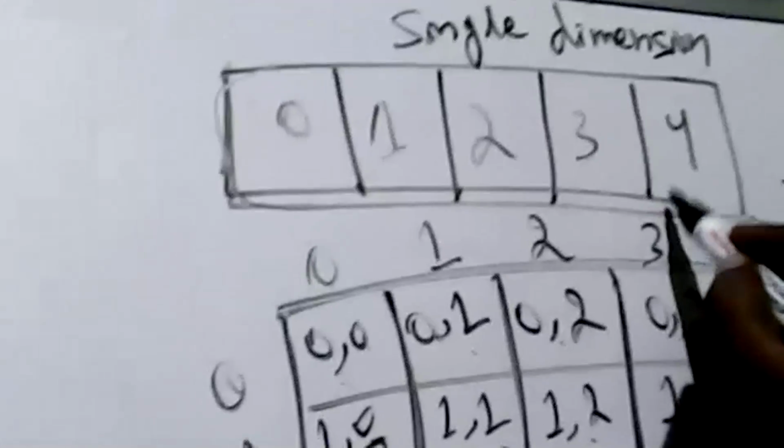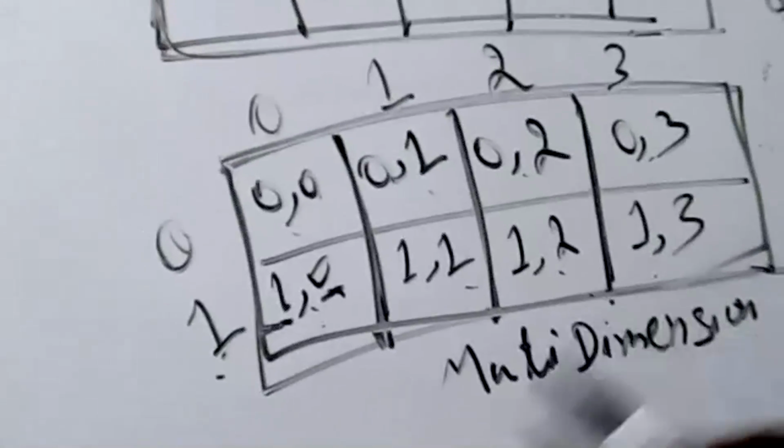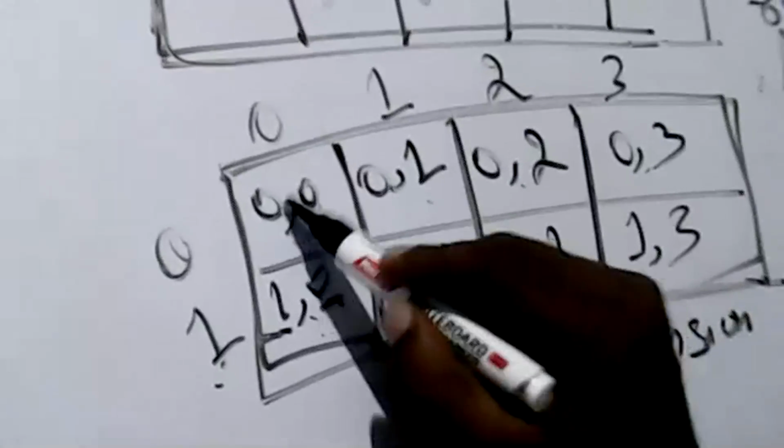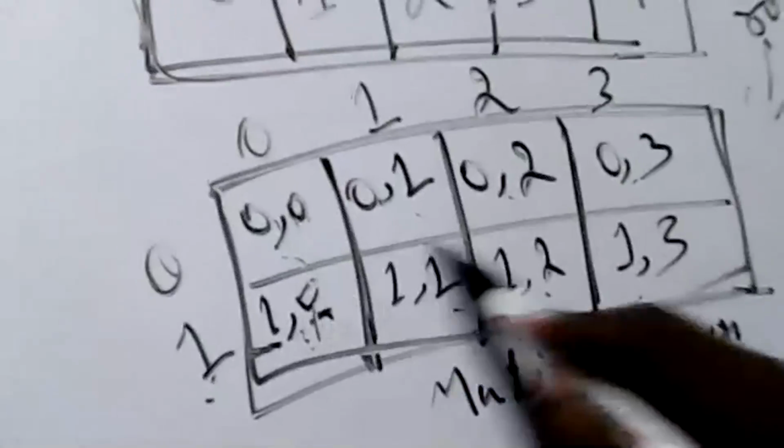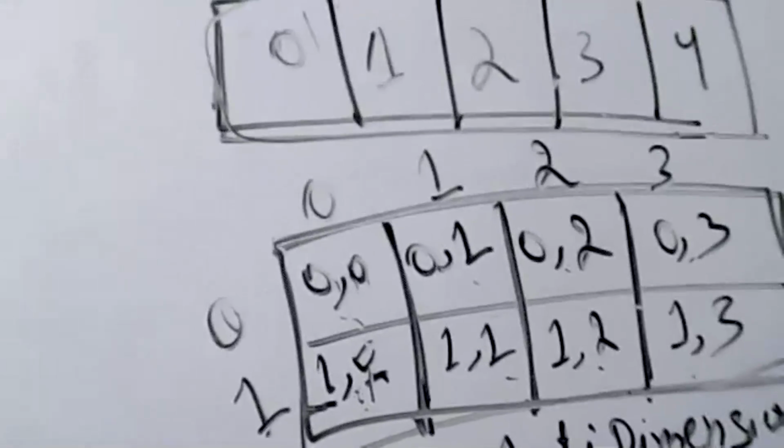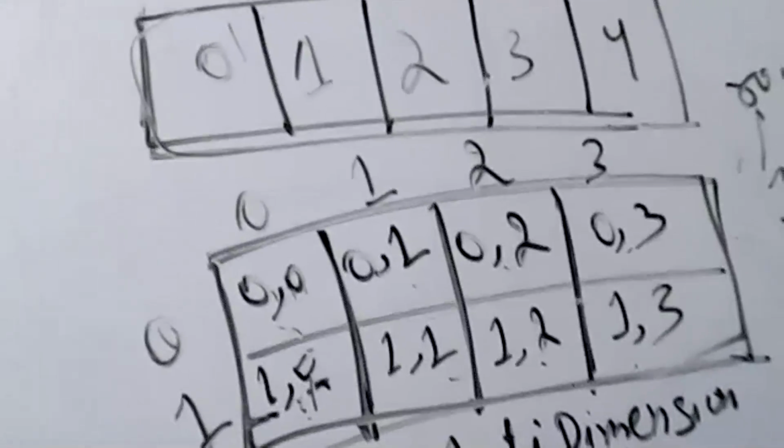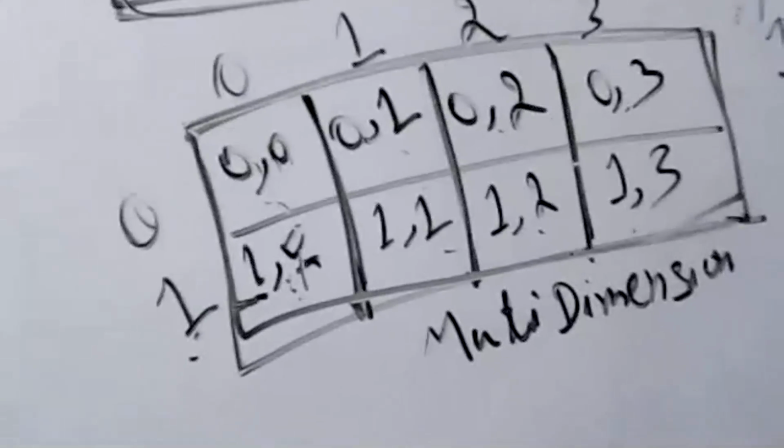In a single dimension array, elements are stored in a single row and multiple columns. In a multi-dimension array, the elements are stored in multiple rows and multiple columns. Got it? Got it. That is the difference between a single dimension array and a multi-dimension array.